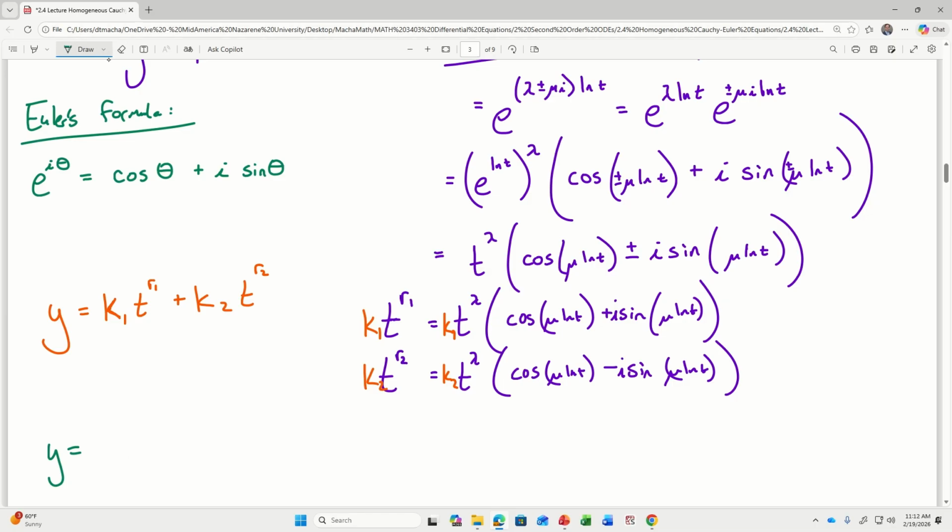It would be k1 plus k2 times t to the power lambda cosine of mu natural log of t. And then in front of the sine, what I would get is k1 minus k2 because of the negative sign when I distribute. And then don't forget your i's. And don't forget t to the lambda either. Sine of mu natural log t.